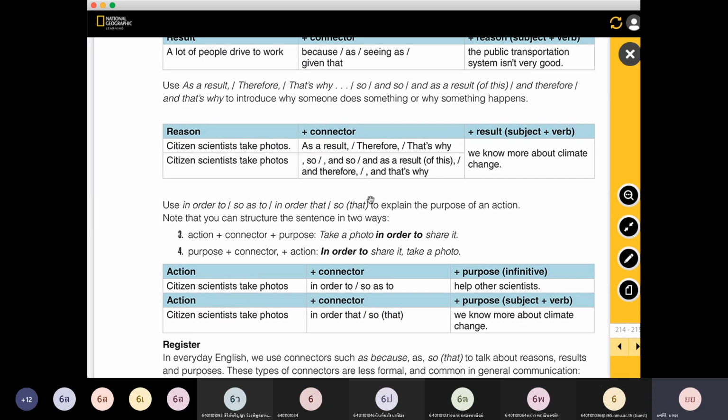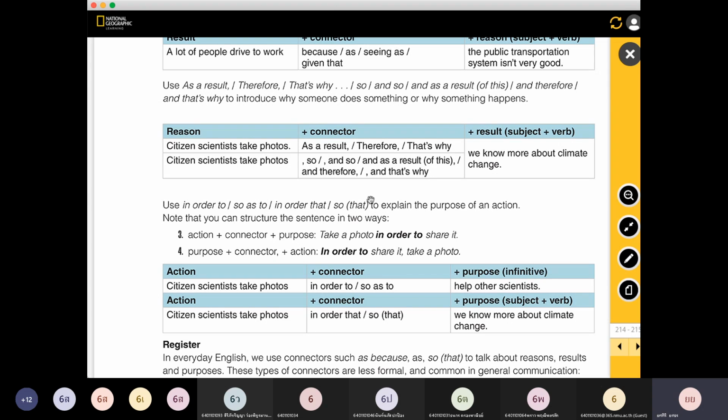But if you use in order that, as I previously talked about, it depends on the purpose, whether it is the purpose as an infinitive or the purpose with a clause, like subject and verb here. Okay, so it depends on that.